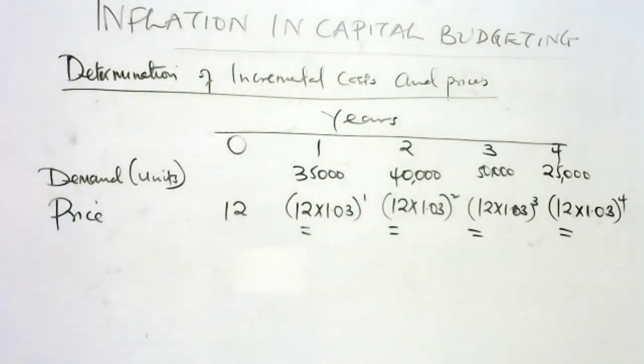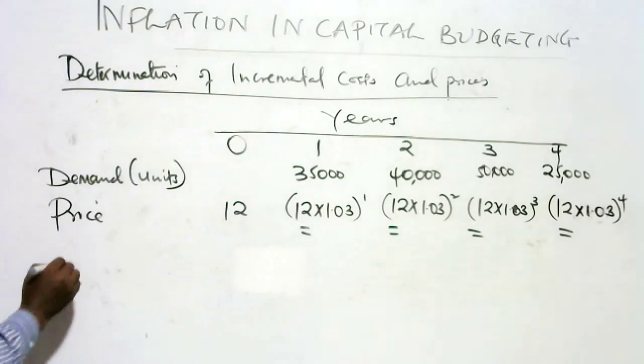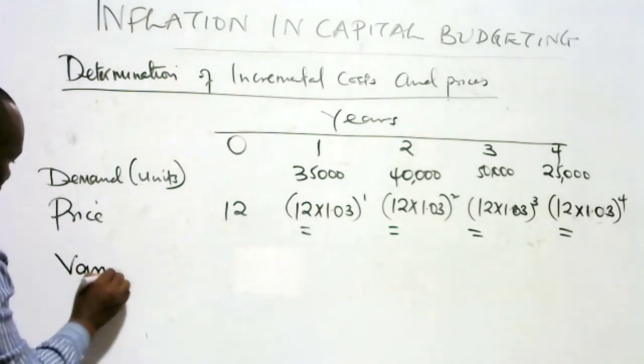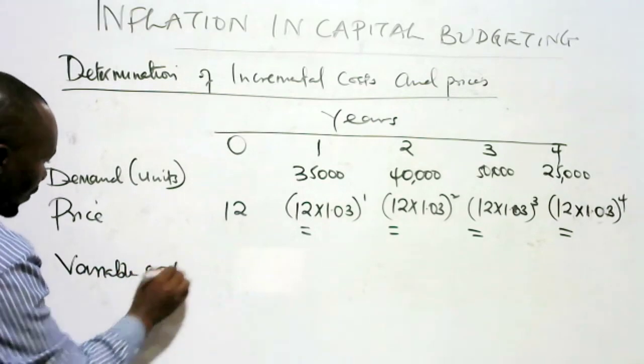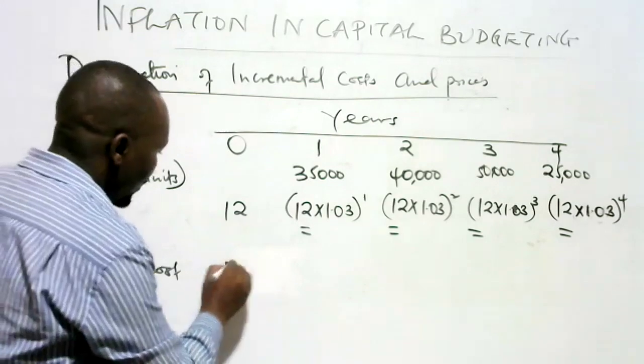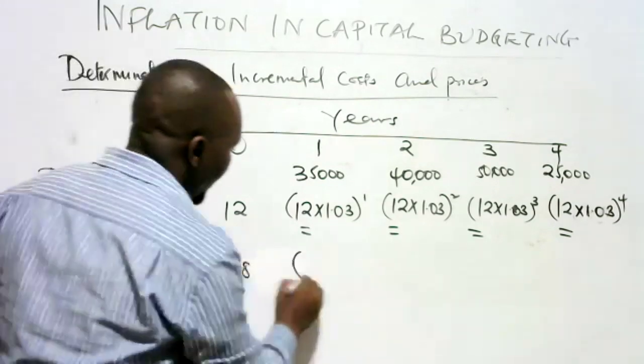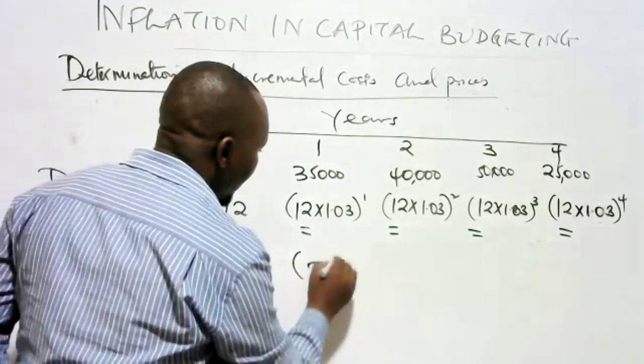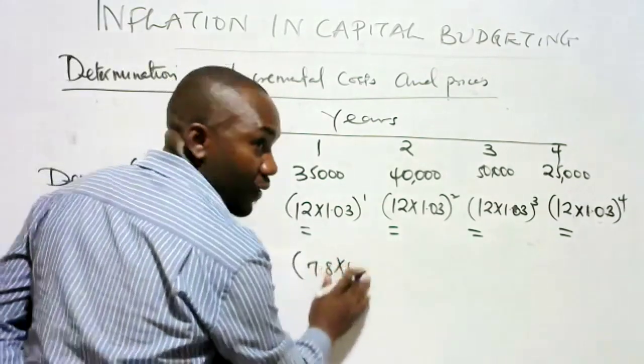In terms of variable cost, we can also get variable cost. We are told that it increases as well. The current one is 7.8, right? So after year 1, it is 7.8 times 1.03.